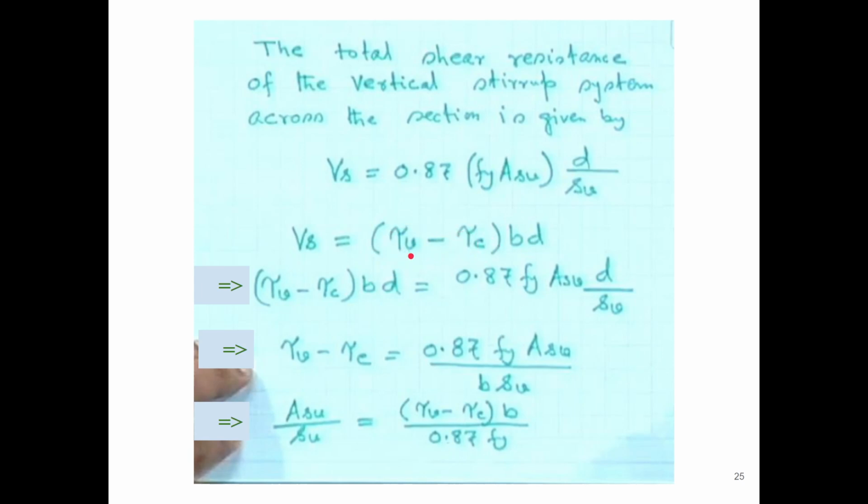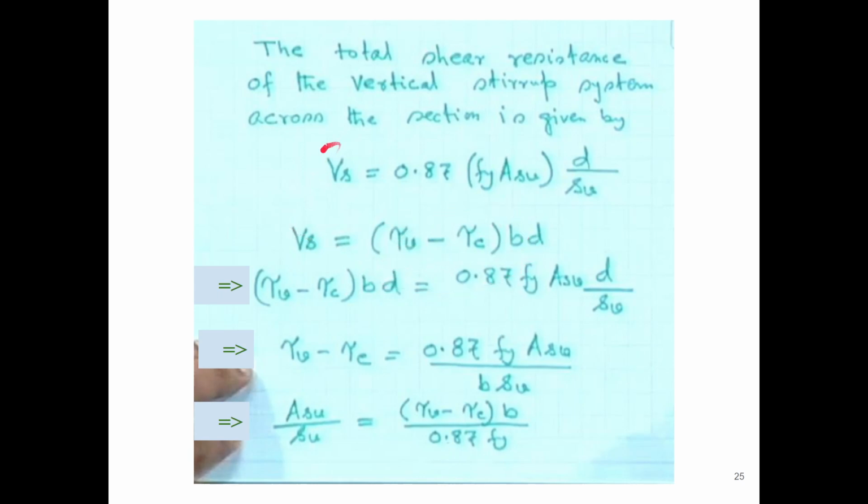That means tau v will be lesser than tau c. That means the design shear strength required is lesser than the shear strength of concrete itself, so there is no requirement of shear reinforcement, because the concrete is capable of taking the complete shear required as per the design.